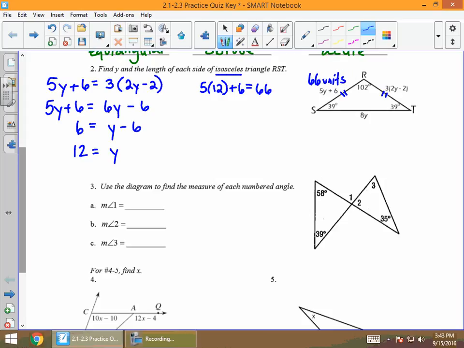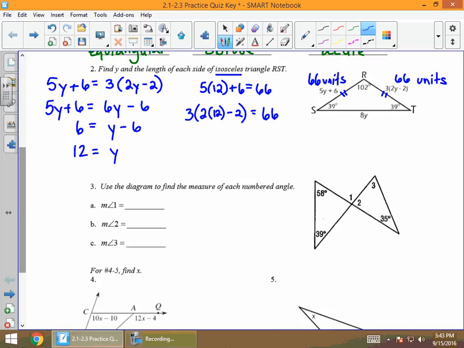Then I'm going to do 3 times 2 times 12 minus 2. 2 times 12 is 24. 24 minus 2 is 22. 3 times 22 is 66. So this one is 66 units.